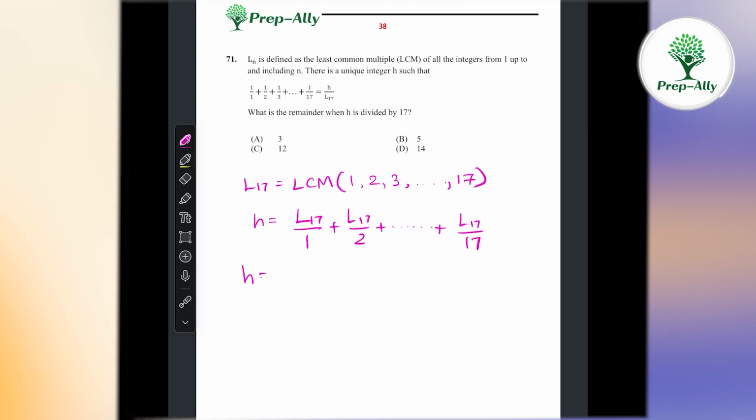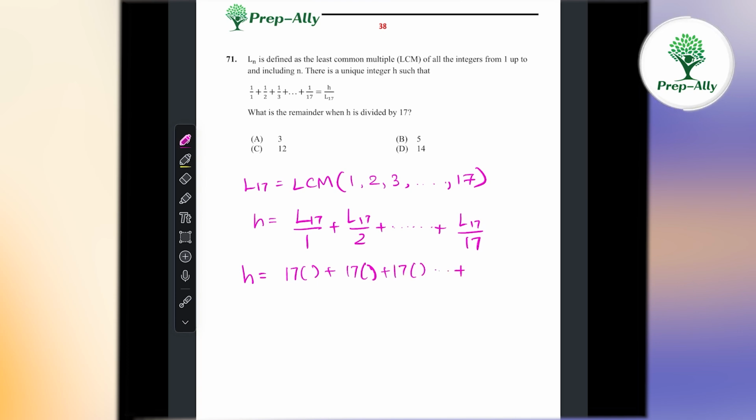So h equals, so L17 by 1 is divisible by 17, so it's 17 times something plus 17 times something plus 17 times something.